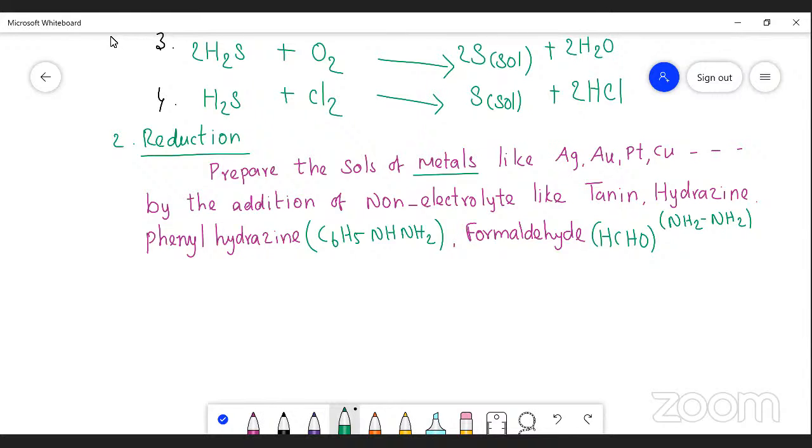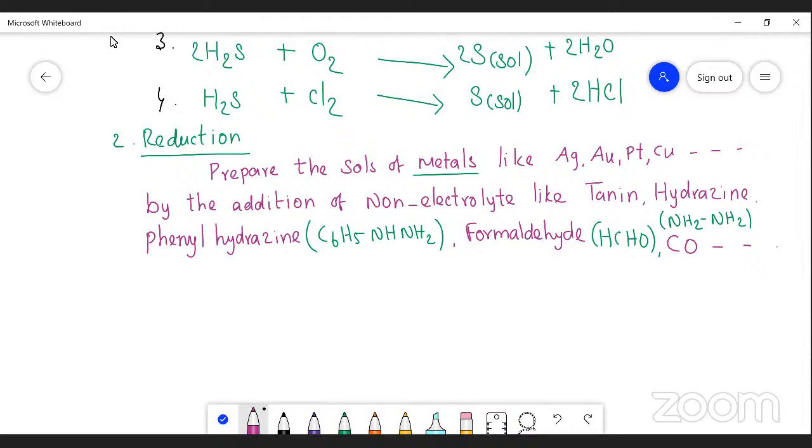A non-electrolyte is one that on passing electricity cannot be split into ions, like tannin, hydrazine, phenyl hydrazine, formaldehyde, and CO. These are all non-electrolytes.